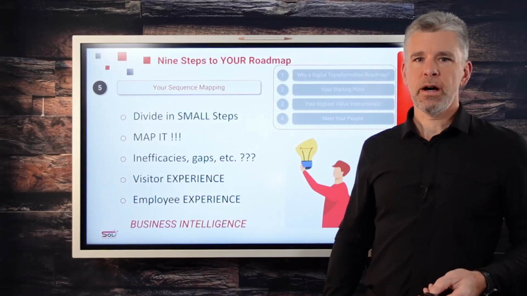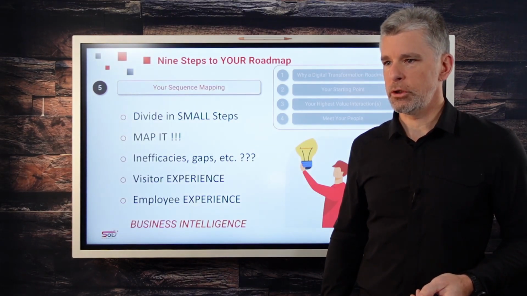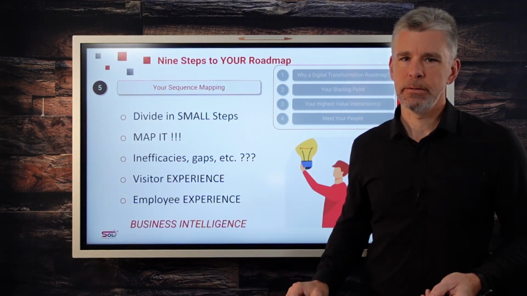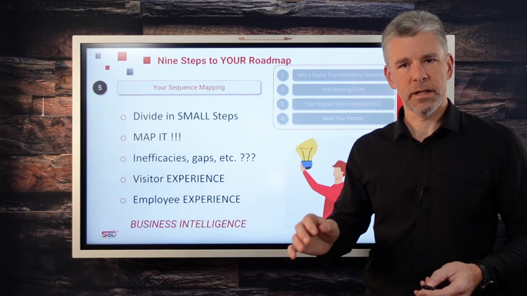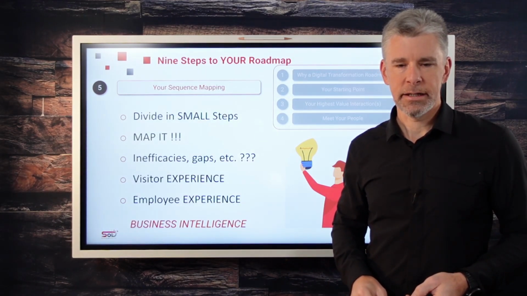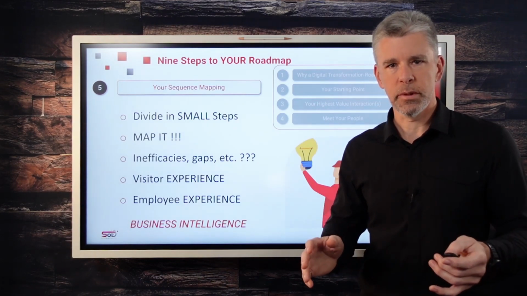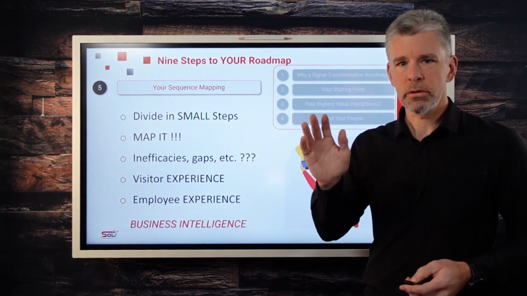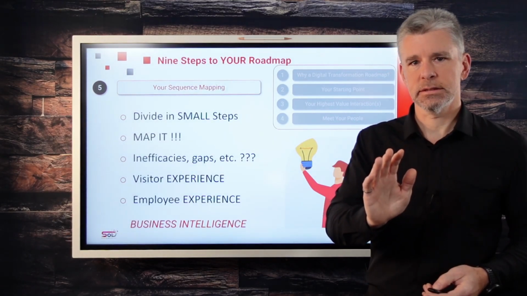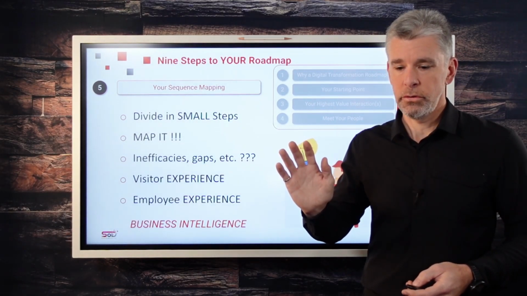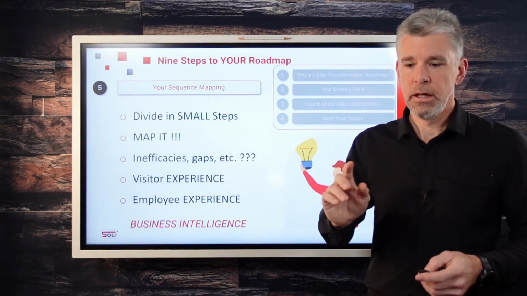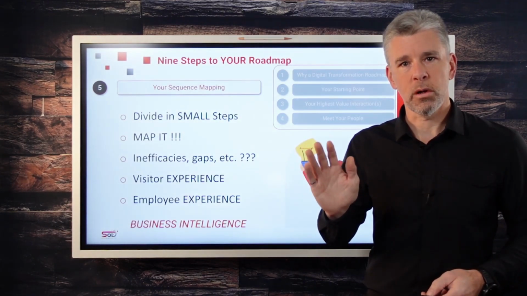So step number 5, so step 1 of part 2. Sequence mapping. What does that mean? There is some hands-on work in this. It's not easy to do. It's not easy for everybody, but it's really to take your cash cow process that you found out in step 3, and you need to divide it into small steps.